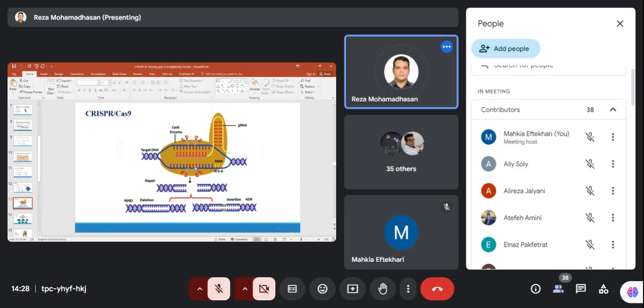It's about 3 or 5 nucleotides after the PAM site. And after creating the break, two main repair systems can fix it by making deletion and also insertion. Usually HDR works for insertion and NHEJ works for deletion.